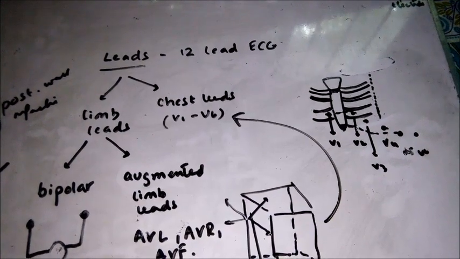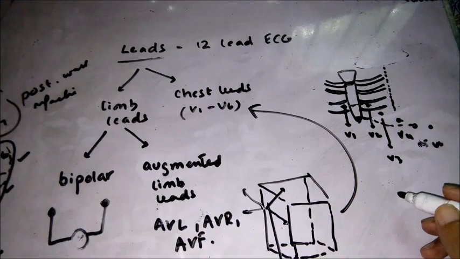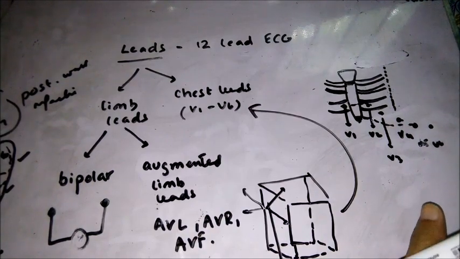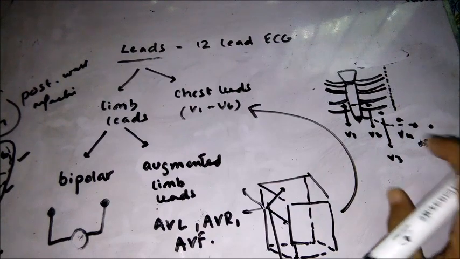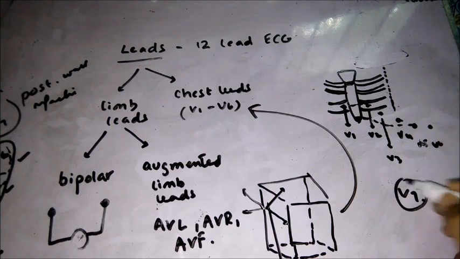We have some other leads as well, V7 and V8. These are our posterior leads that we sometimes attach if we are suspecting a posterior MI. As we said, V5 is attached in the anterior axillary line. Similarly, there is a posterior axillary line, and in the posterior axillary line we attach V7, right?